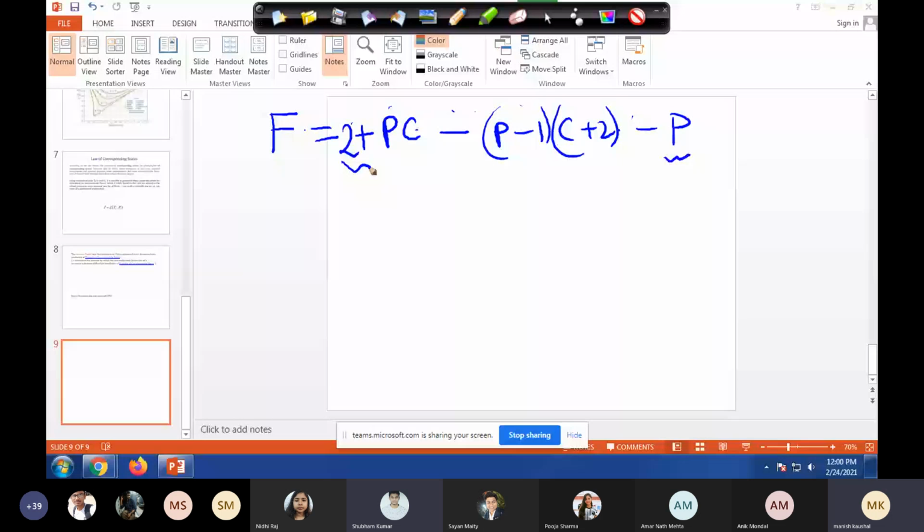The total variables PC plus 2. So if we open it, there is some mistake here, because ultimately F should be equal to degree of freedom, so equal to 2 plus C minus P. Where I am making mistake.